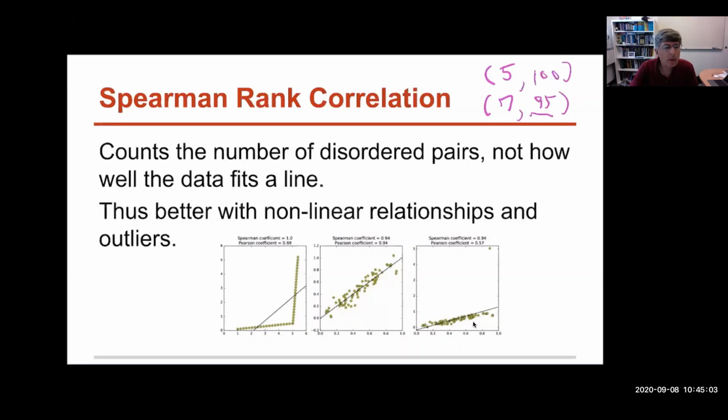Look at this example to the right. We have a lot of points that are on the line, but one outlier. How does that outlier affect the correlation? Well, in a Pearson correlation, you're measuring the difference between the value and the mean, and you're squaring it.